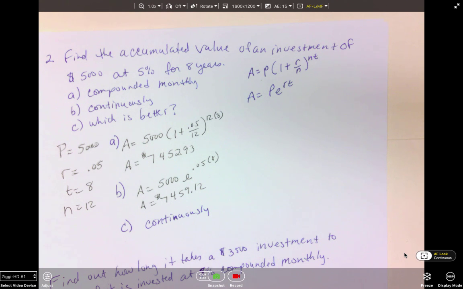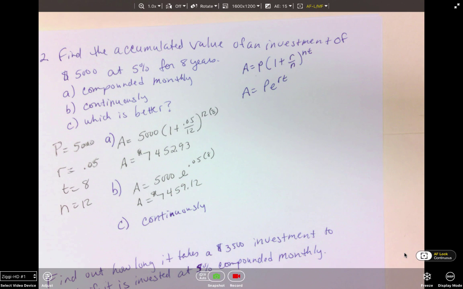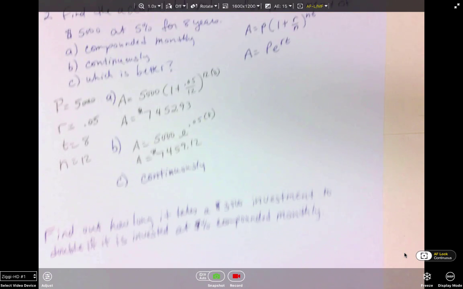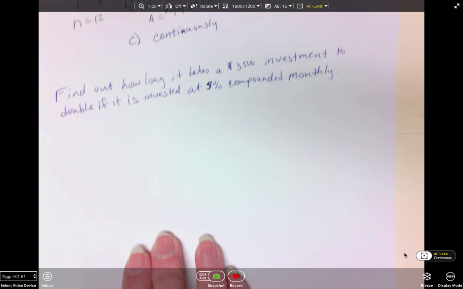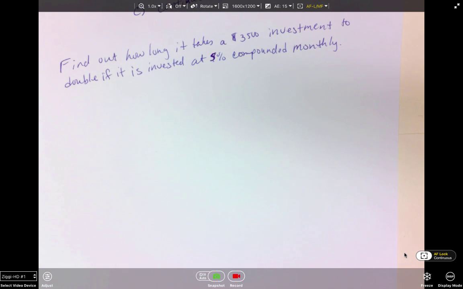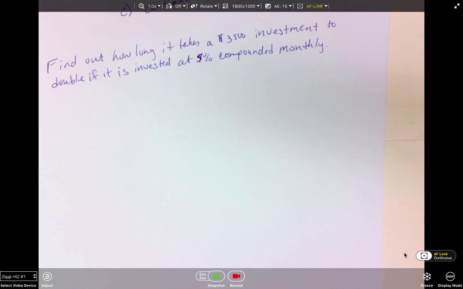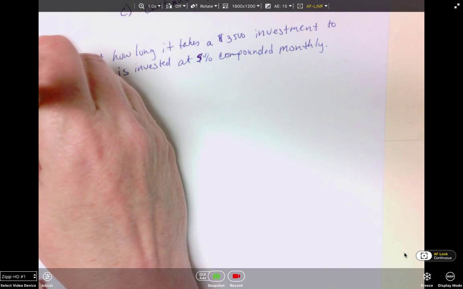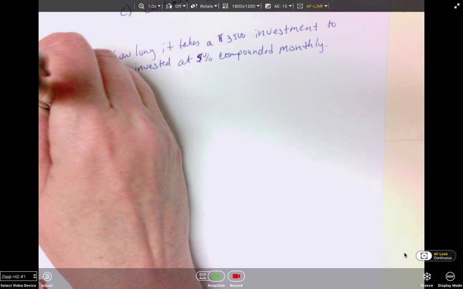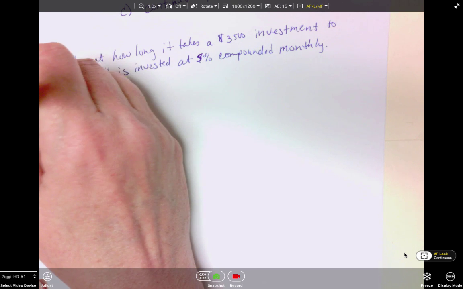So the next question that we have regarding interest is how long it takes a $3,500 investment to double if it is invested at 5% compounded monthly. So with this one, if you're in my class, we're doing something that's similar to question number 35.